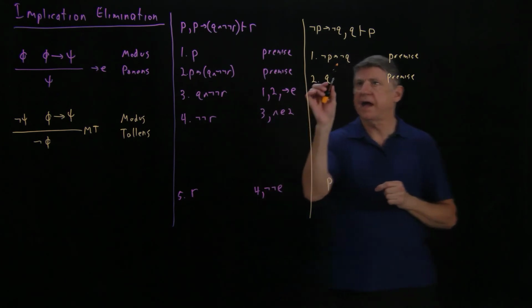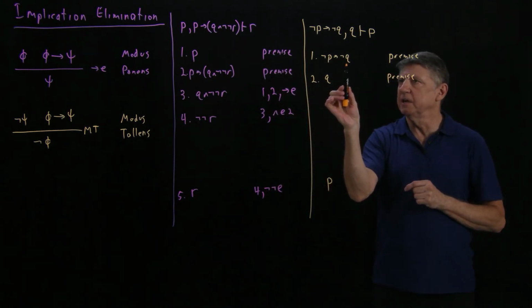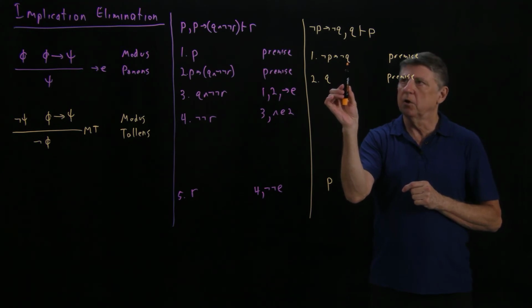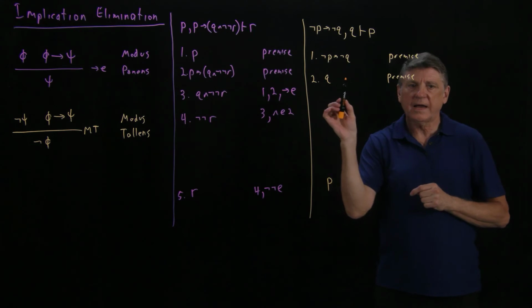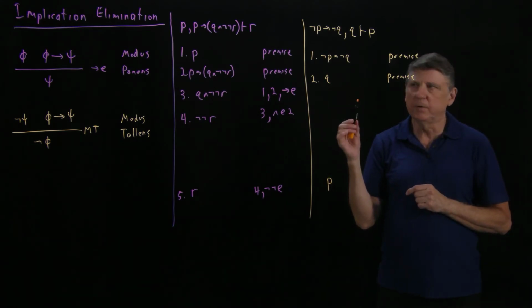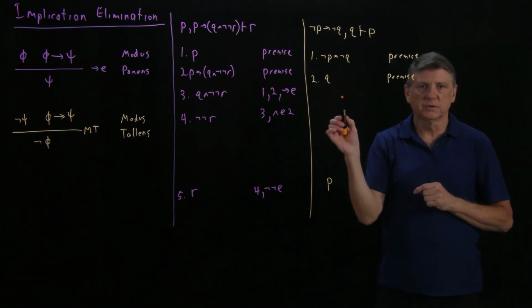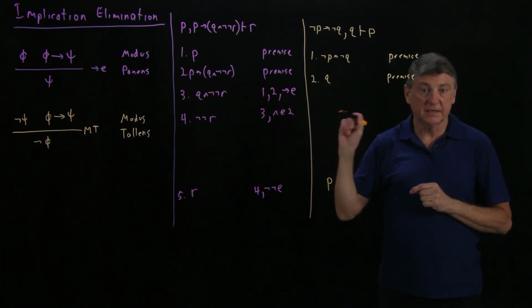So here I have an implication, and the negation of Q is the consequent, and Q is on a line of its own. Well, I can't directly apply this, although logically we would think, oh, Modus Tollens certainly applies. Strictly speaking, if we look over there, it doesn't.